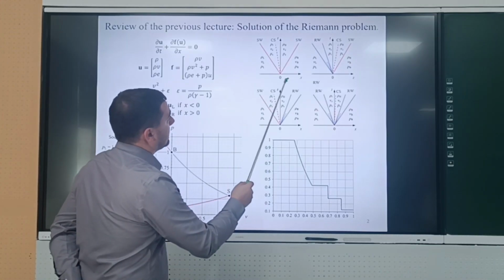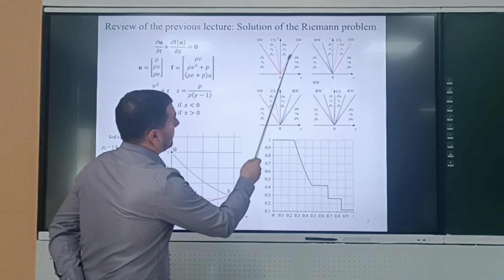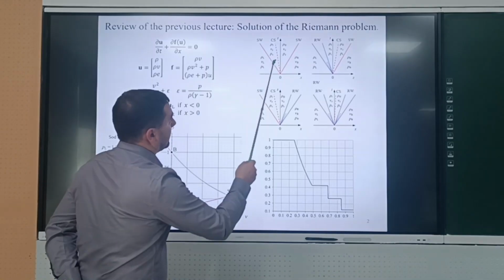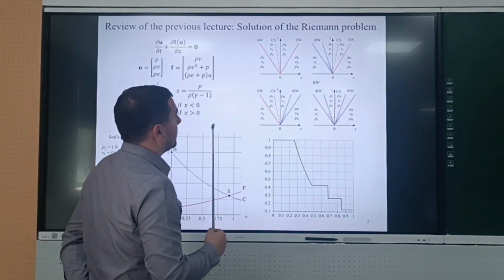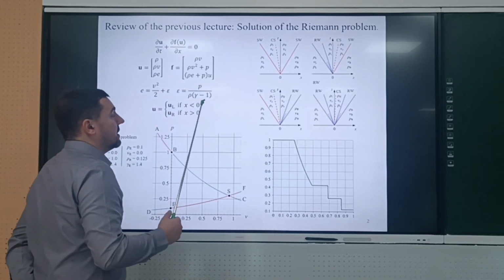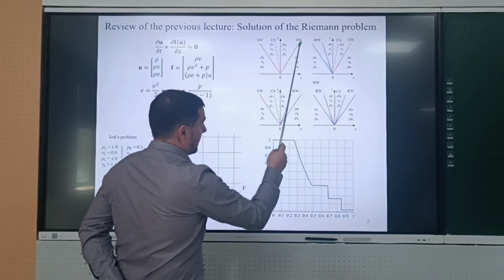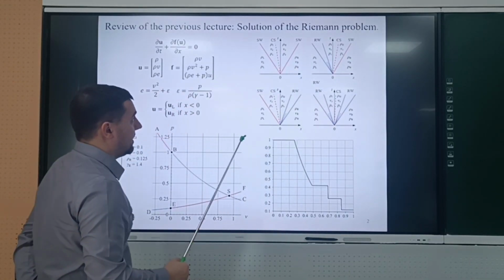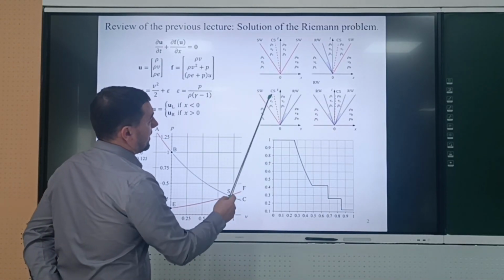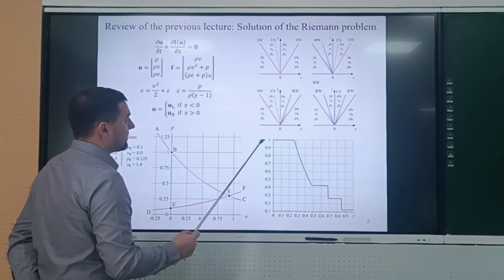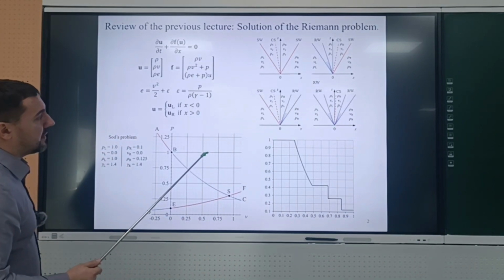The first one is when we have one shock wave propagating to the right relative to the contact discontinuity, and one shock propagating to the left relative to the contact discontinuity. The second option is a shock wave propagating to the right and a reflection wave propagating to the left. The third option is quite contrary, a reflection wave propagating to the right and a shock wave propagating to the left. And the fourth configuration has 2 reflection waves.